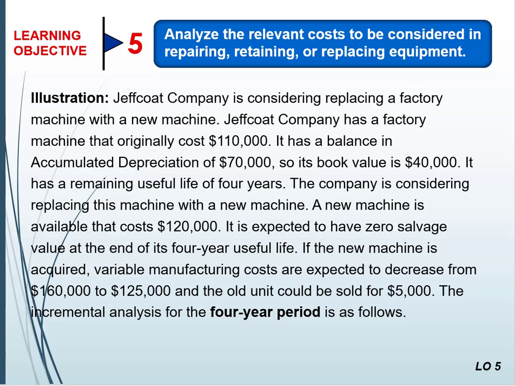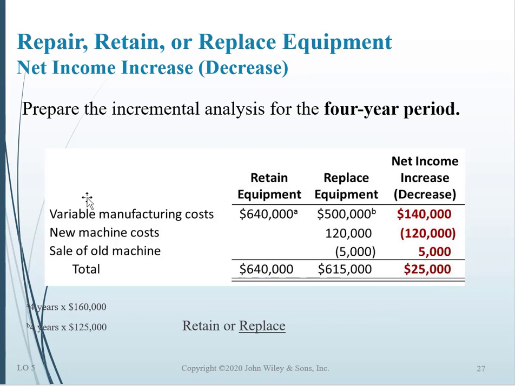So the incremental analysis for the 4-year period is as follows. These are all going to be shown annually, but for 4 years combined. So we understand that every year we would have these line items, then we would just add them up.